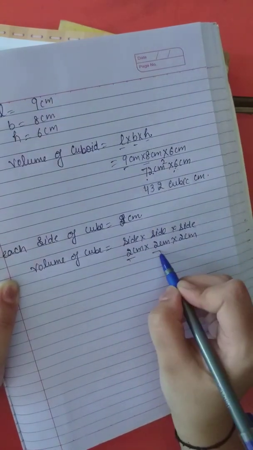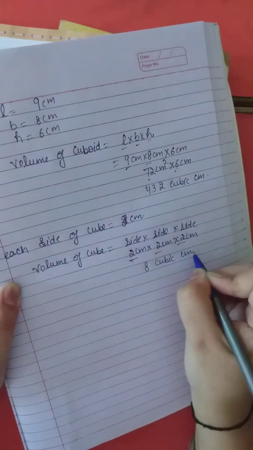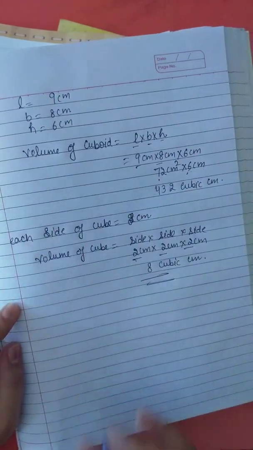That means 2 2s are 4, 4 2s are 8 cubic centimeter. So in this way we can find the volume of cuboid and volume of cube.